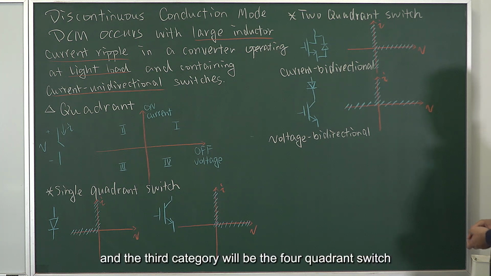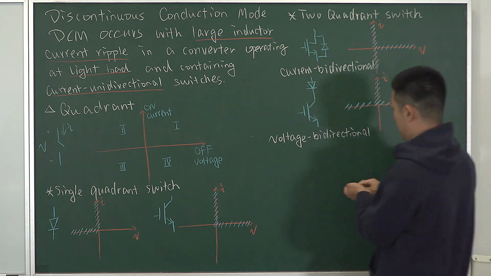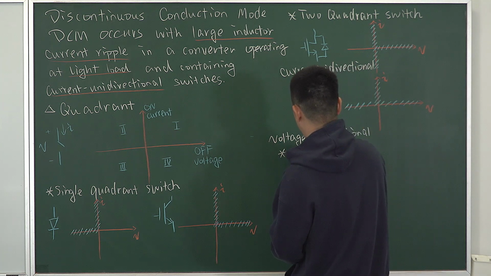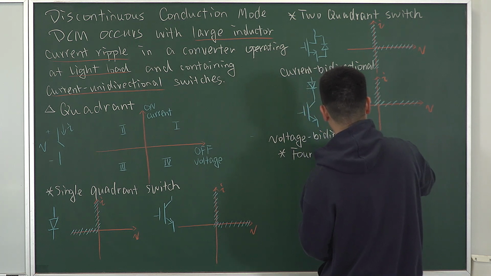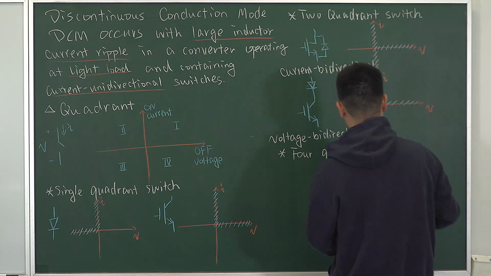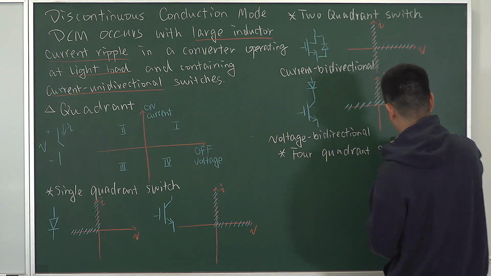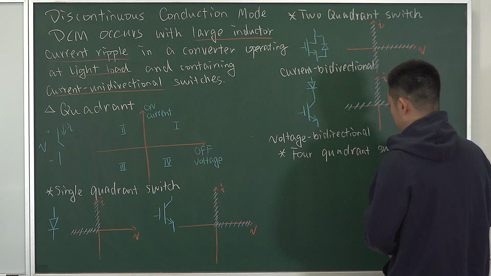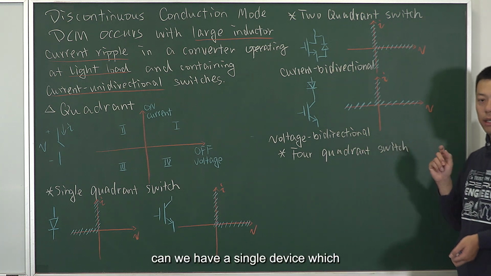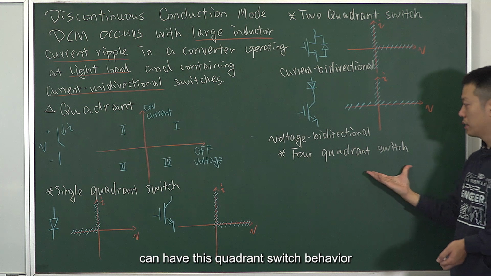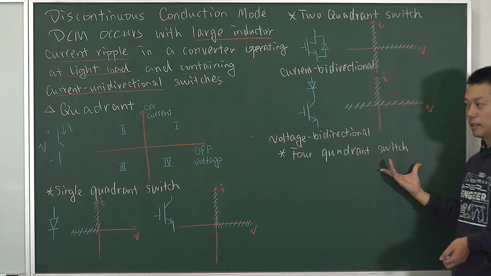The third category will be the 4-quadrant switch. You might be curious, can we have a single device which can have this quadrant switch behavior?